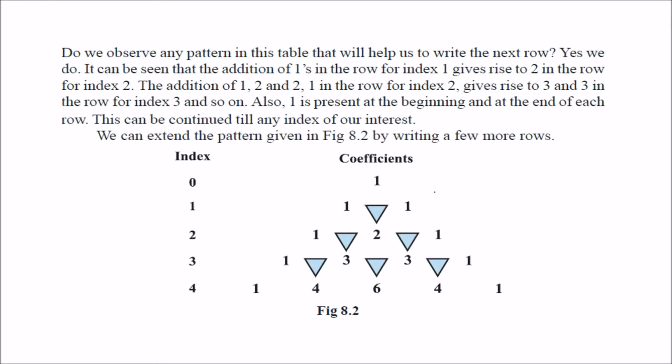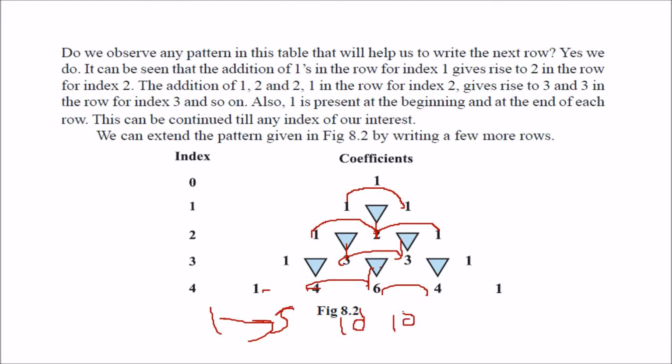You see, if you add these two numbers, you'll get this. You add these two numbers, you're going to get this. So further, you can get the next row: 1, 4 plus 1 is 5, 5 plus 6 is 10, 6 plus 10 is 10, and 4 plus 1 is 5, and 1. So 1, 5, 10, 10, 5, 1.